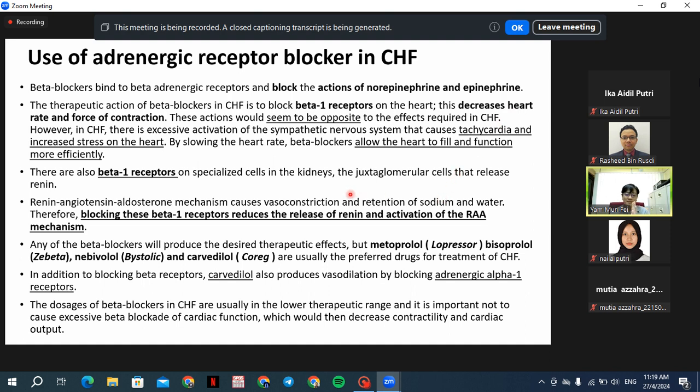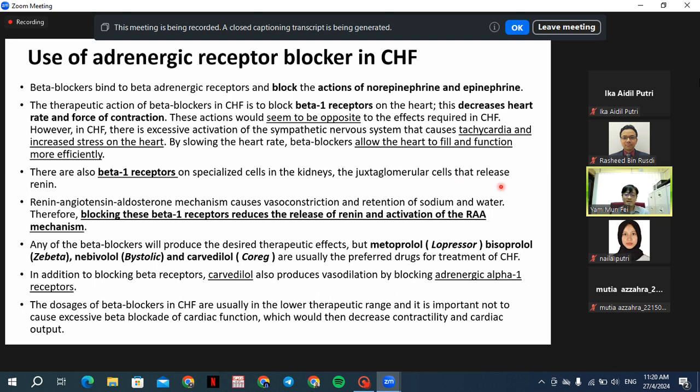Another thing you need to remember here is that beta 1 receptor is also found in your kidney, especially in the juxtaglomerular cell, which produces your renin. Once you inhibit this beta 1 receptor, you are inhibiting the release of renin from your juxtaglomerular cell. Okay, clear?